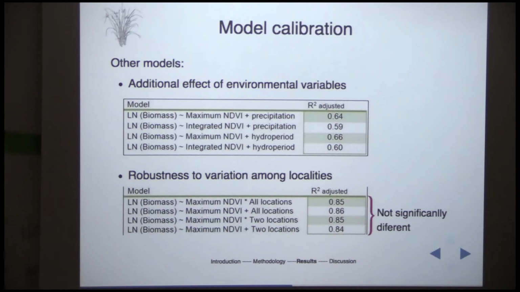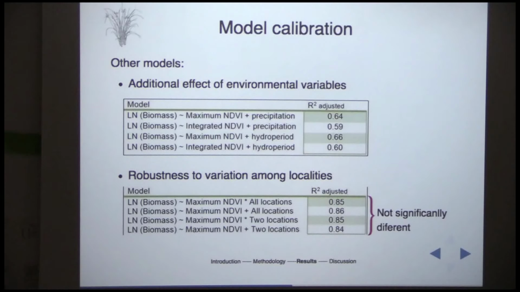Because each location had different productivity values, we wanted to see if the behavior of this location was different in relation to the NDVI. We tested that using a model with interaction and without interaction. What that means is a model that has different slopes and different intercepts, or a model that has different intercepts but one slope.